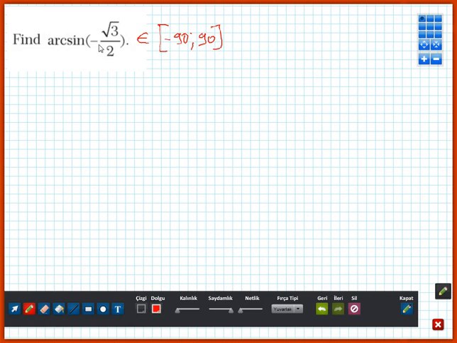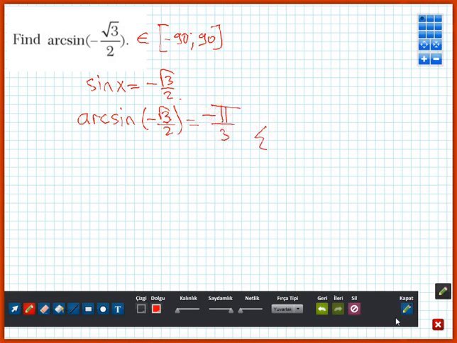The sine is negative in the fourth quadrant, so the angle must be less than 0, negative. So sine x is equal to minus root 3 over 2, and arcsine of minus root 3 over 2 is the angle less than 0 for which sine will be minus root 3 over 2. It's minus pi over 3.